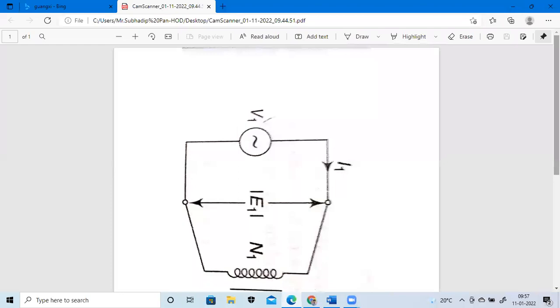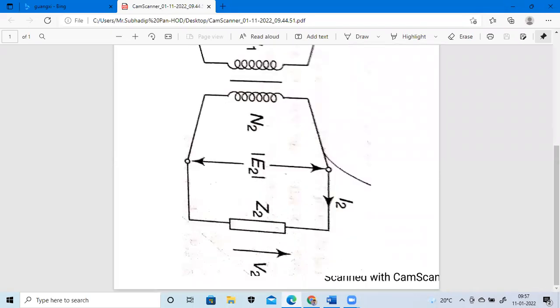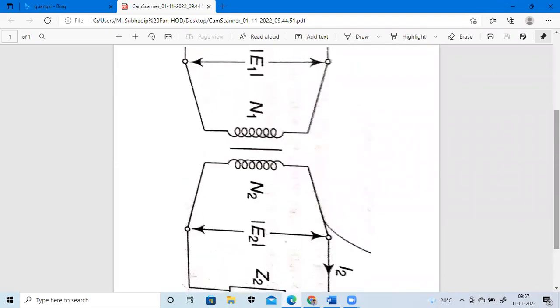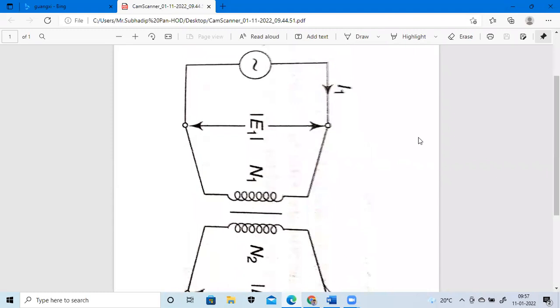So these are the primary side parameters, and this one is your secondary side. EMF induced is represented by E1, and the current flowing in the primary winding is represented by I1. This is the representation for the supply voltage, and similarly for the secondary side, the secondary coil.